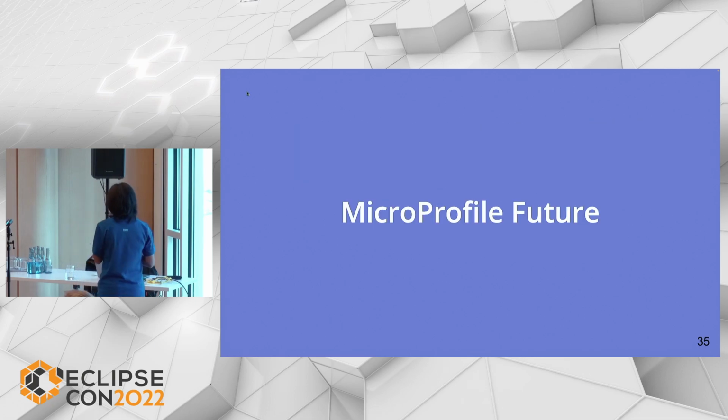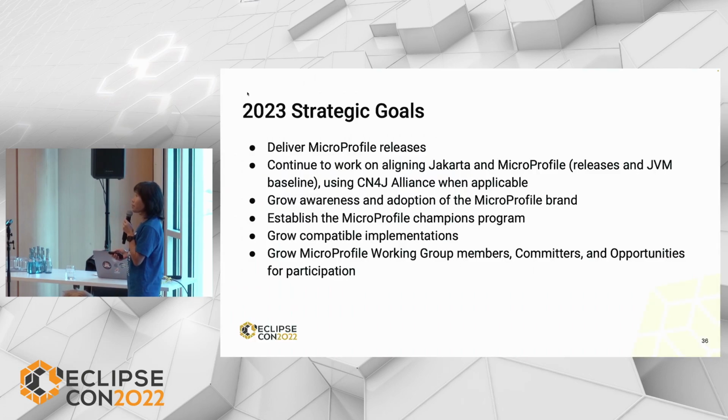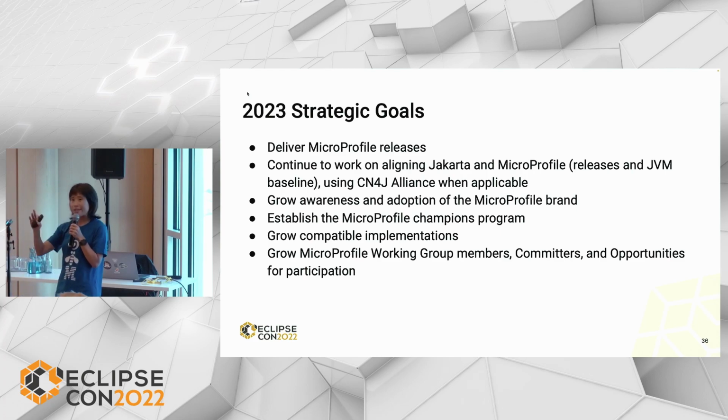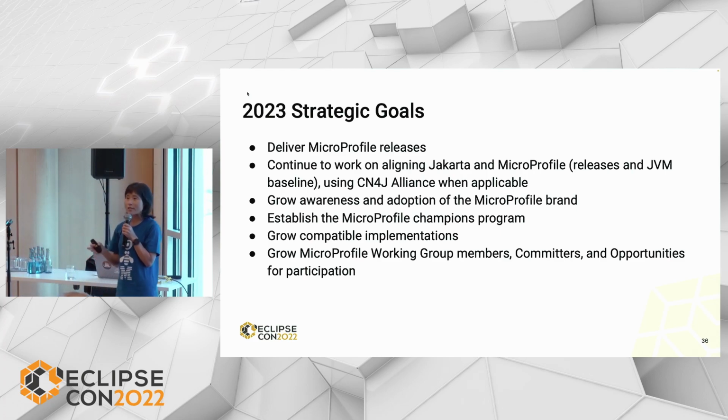So I will spend a few minutes to talk about MicroProfile future. So in 2023, we come up with some goals. At the moment, as you can see, in the past we did 3 releases per year. But this year, we only managed to do 1. But from 2023, we want to focus on more frequent releases, like 3 releases per year.